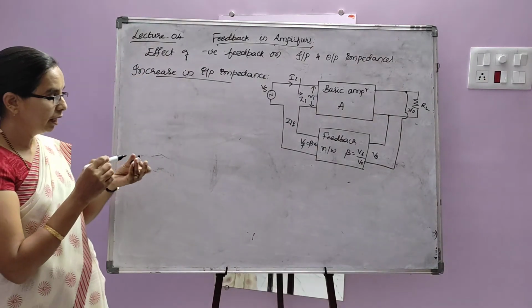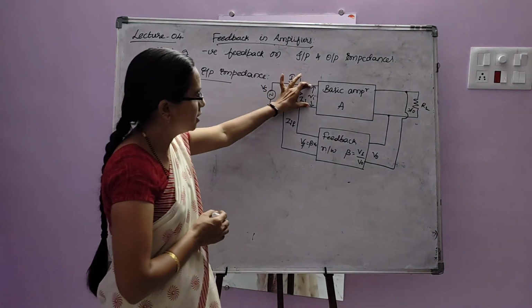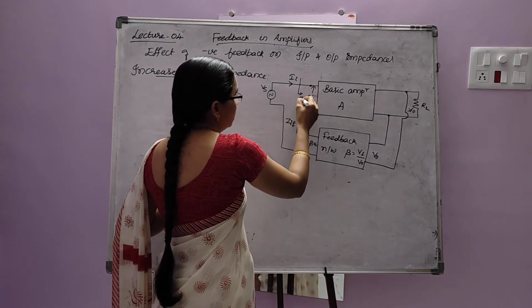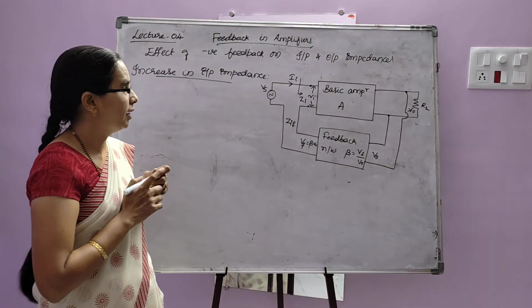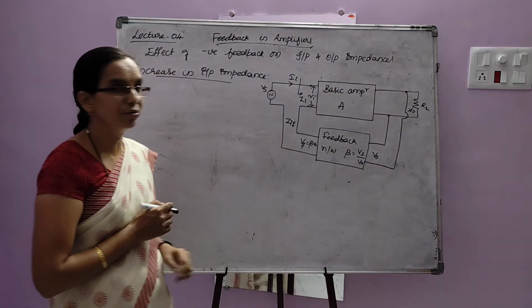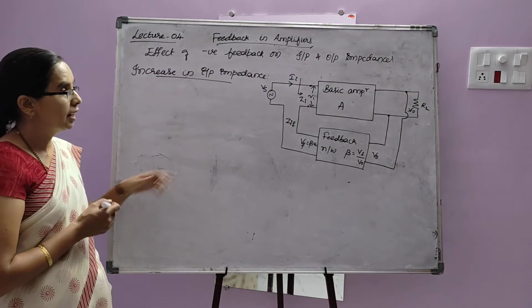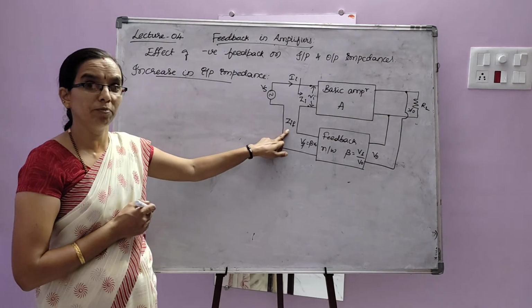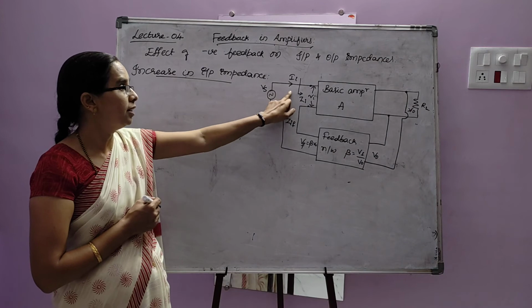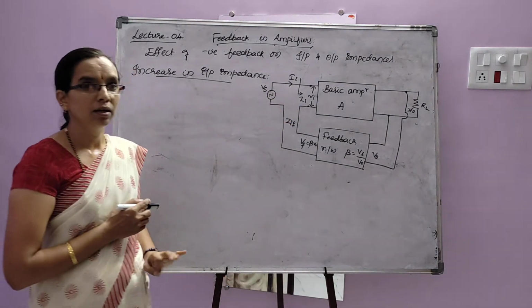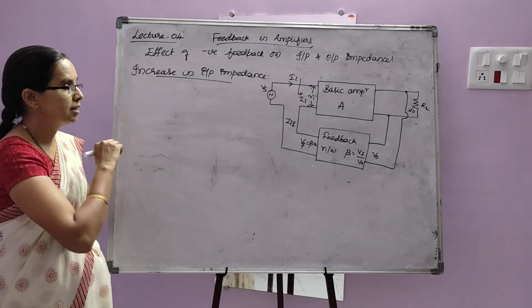That means input impedance at these two terminals will be Zi, whereas input impedance here will be Zif. That means Zi is the input impedance without feedback, Zif is the input impedance with feedback. Because it's a series connection, the same current I is flowing through both the impedances.